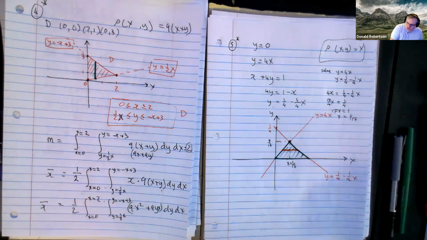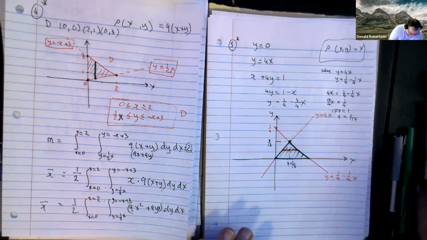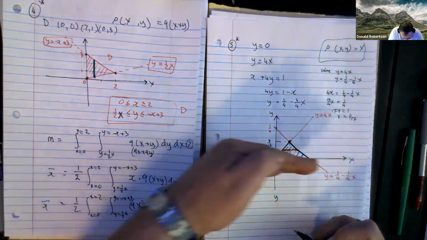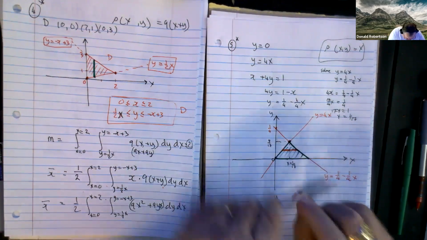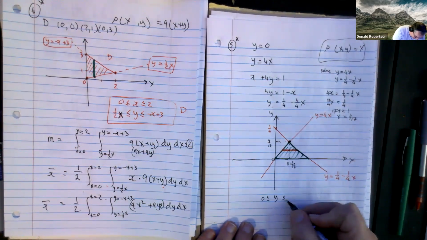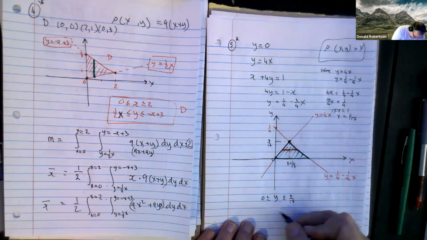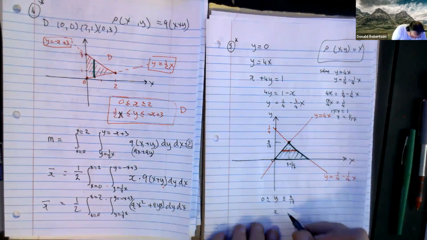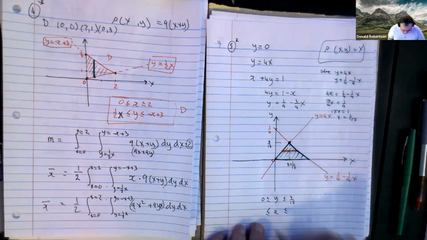I'm not sure Desmos would handle a fraction like 4/17. Desmos might just tell you it's 0.2833 or something weird. So I'm ready to set up my limits of integration. We're going to go y value. So it's going to start at 0 and finish at 4/17. And now the x's. Well, yeah, life is never straightforward.